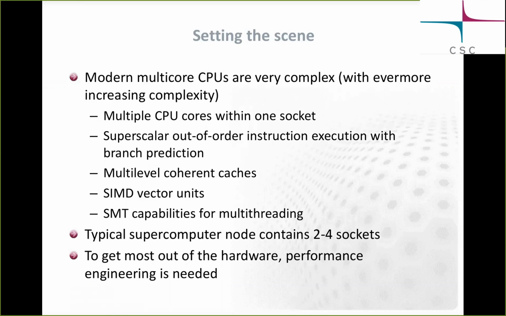And the performance is very much dependent on whether or not you are able to use these single instruction multiple data vector units, SIMD units. There are also multi-threading capabilities in the processor, so one physical core may appear as two virtual cores or even four virtual cores for the purposes of threading.